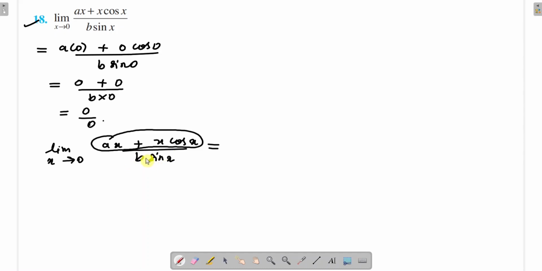So you can split the numerator. So what you will get is limit x tends to 0 of ax divided by b sin x plus limit x tends to 0 of x cos x divided by b sin x.